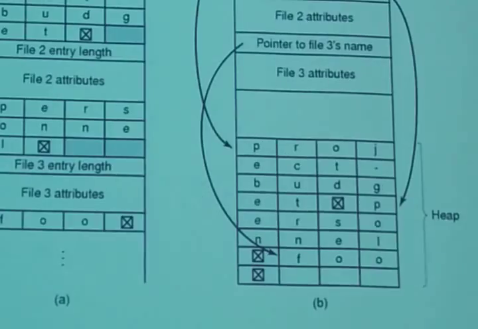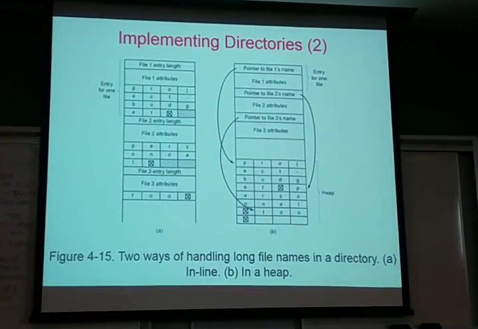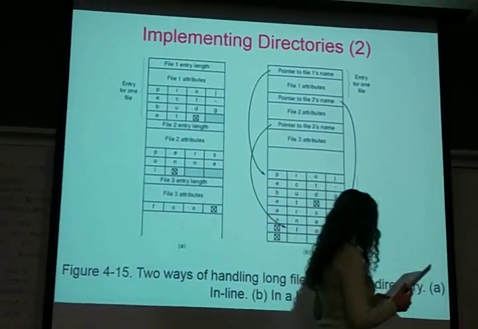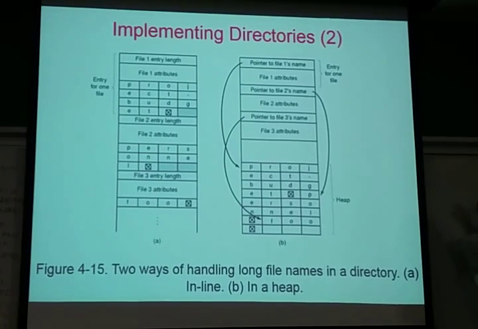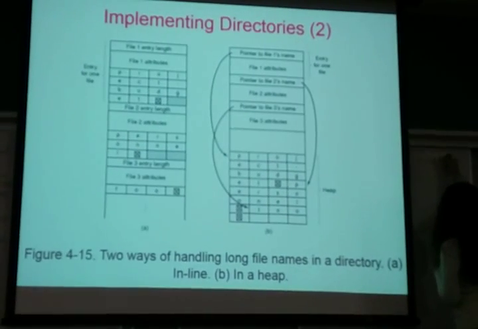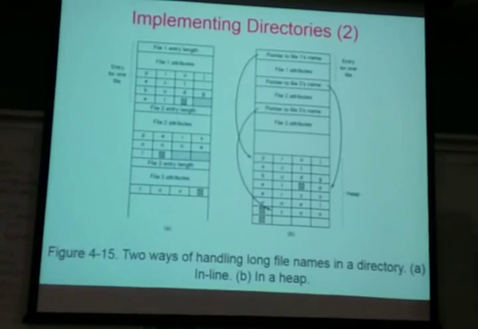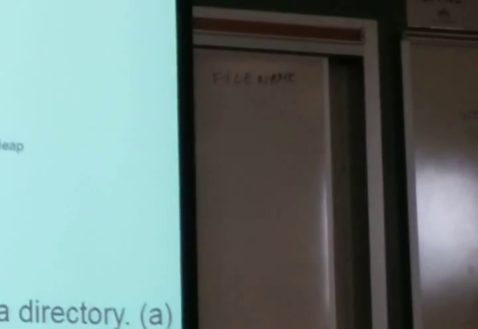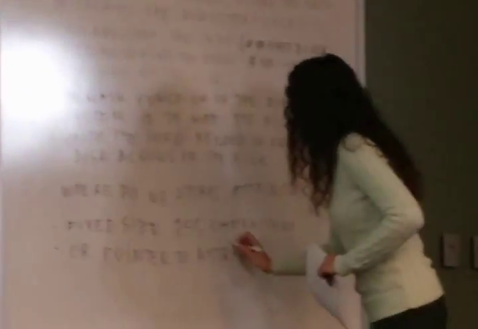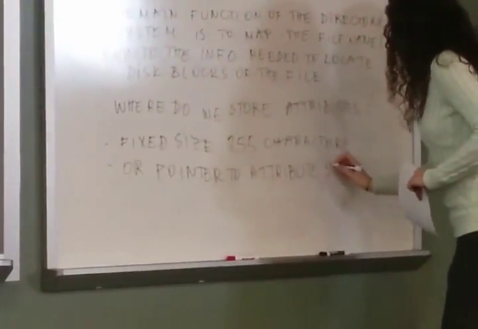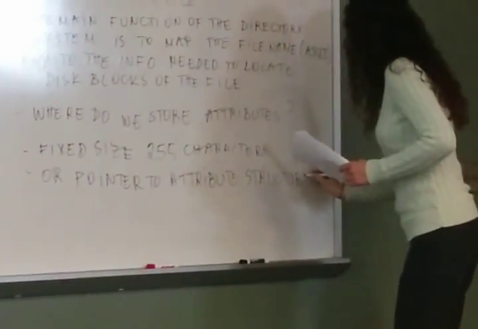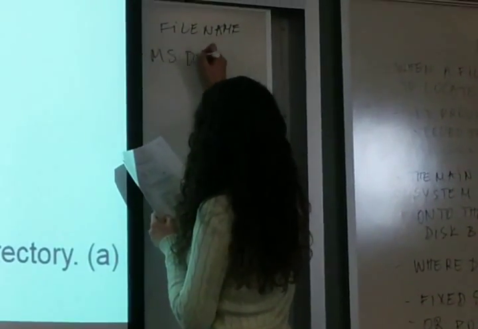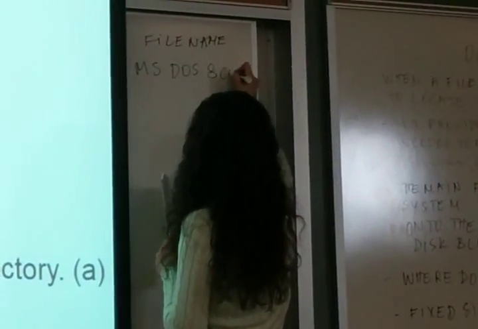Now, for the name of the file, particular operating systems allowed up to 8 characters. So let's say MS-DOS used 8 character names.